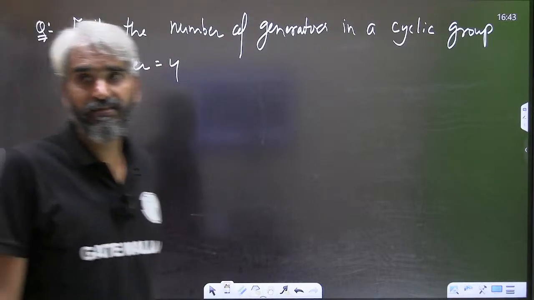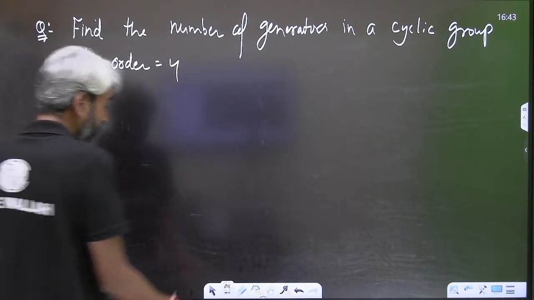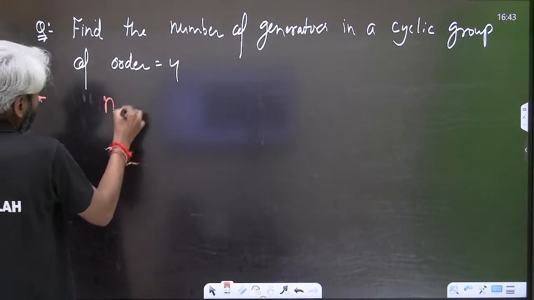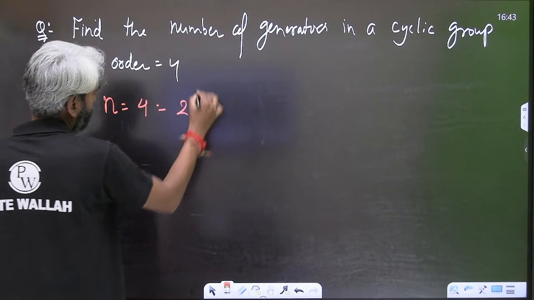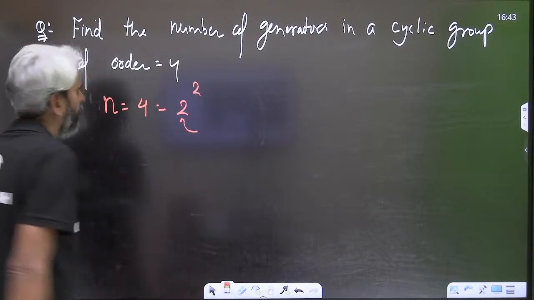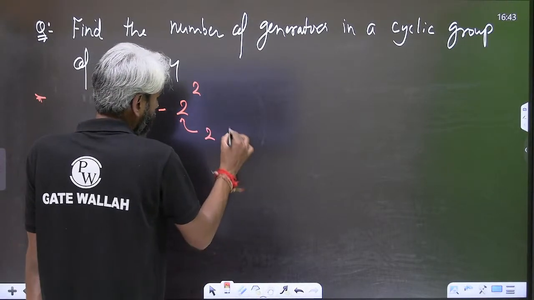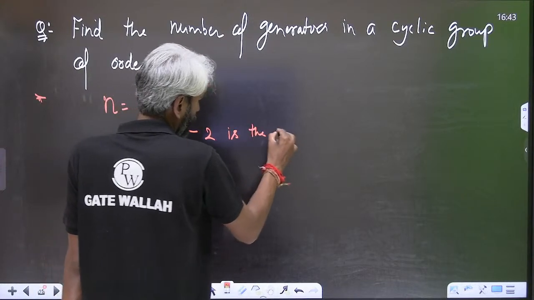What is n in this case? n in this case is 4. How can we write 4? We can write 4 as 2 raised to the power 2. Therefore, 2 is the only prime factor.